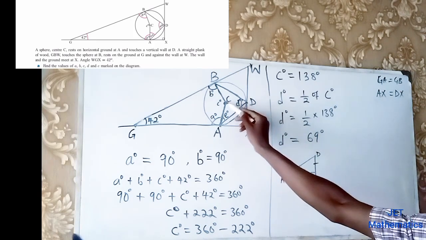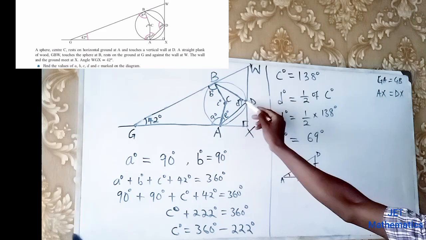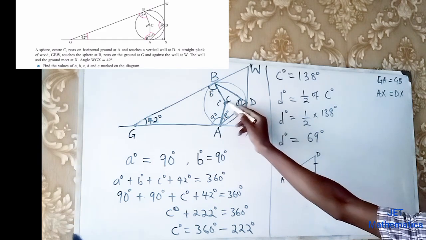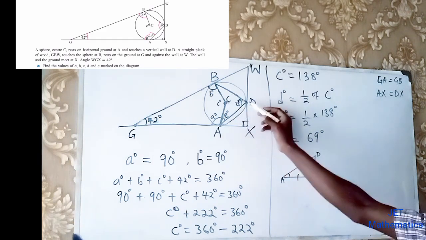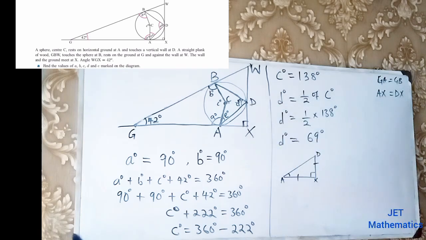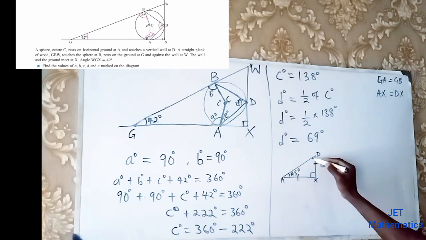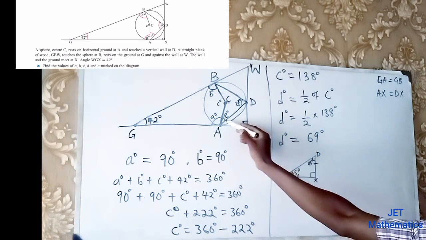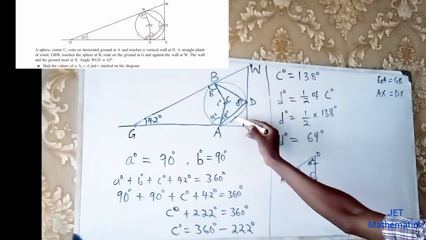Remember, we can construct a radius from the center to this point of tangency. With this, it becomes an isosceles right angle triangle, and that will make this angle here 45 degrees, and this other one here 45 degrees. So this angle here is 45 degrees.